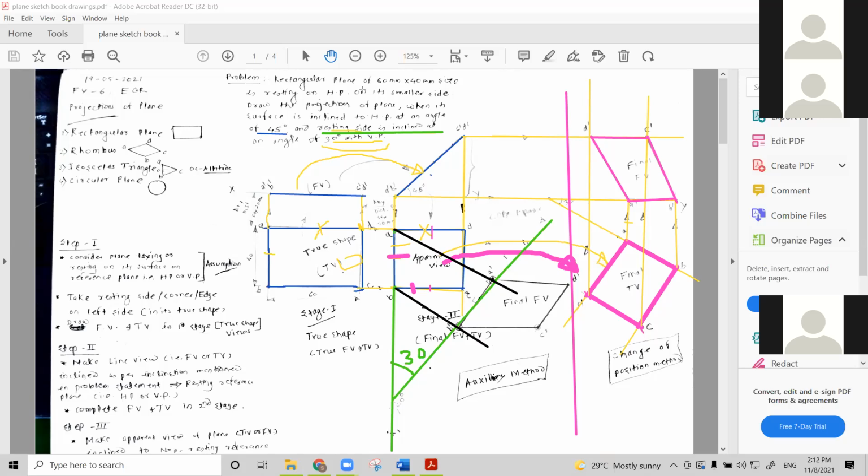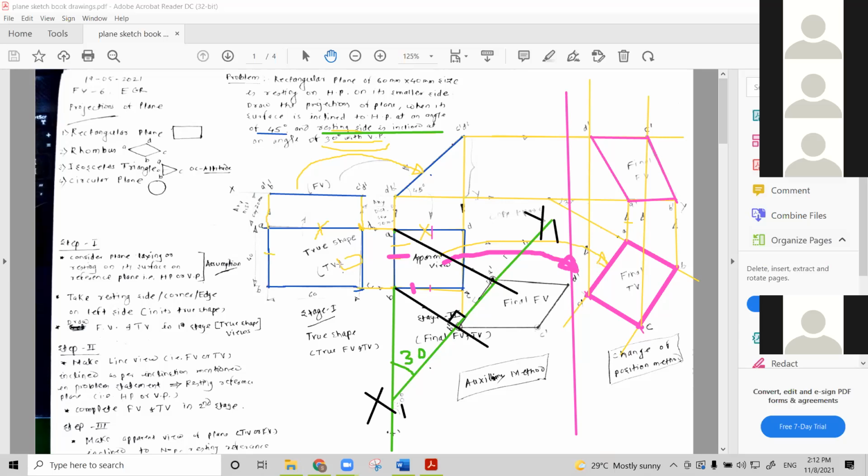You have to make sure that this line is perpendicular to the XY line. And this green color line, we say it's the X1 Y1 line.